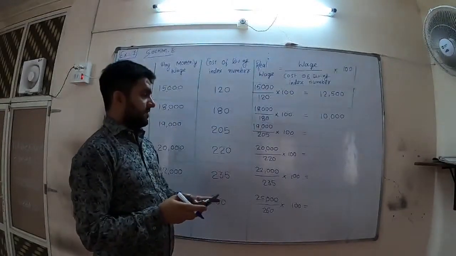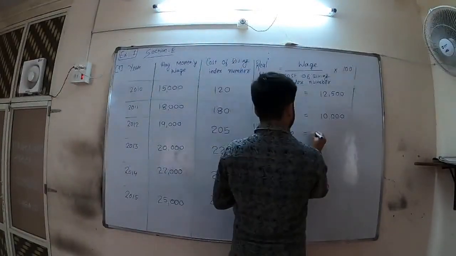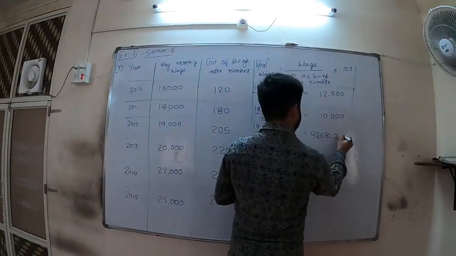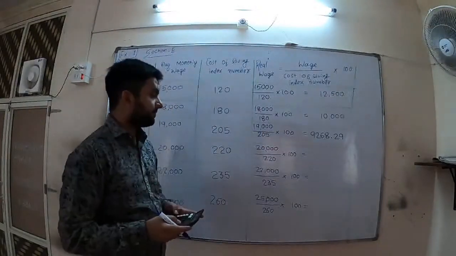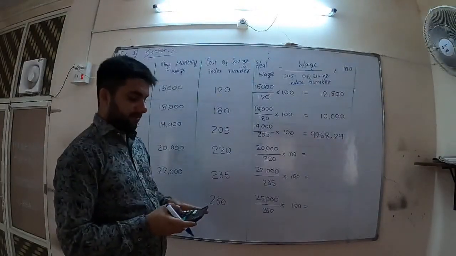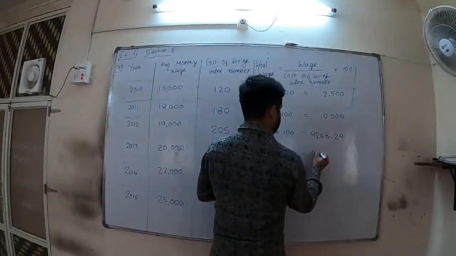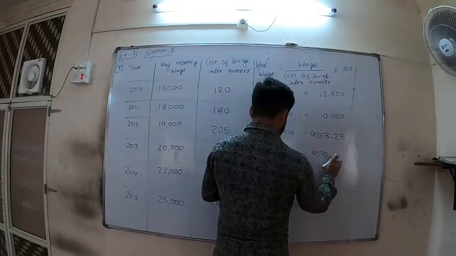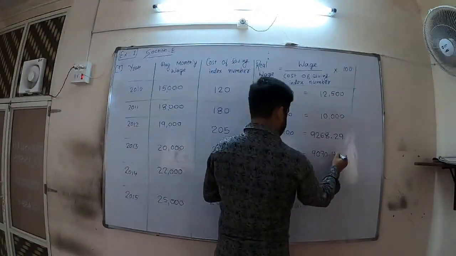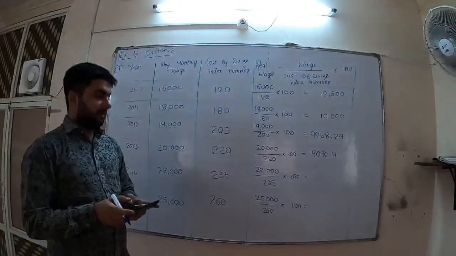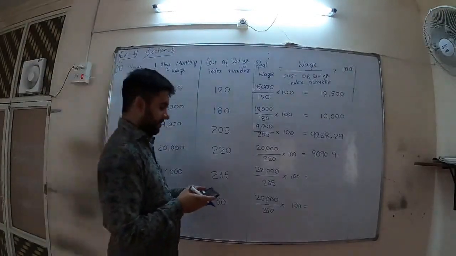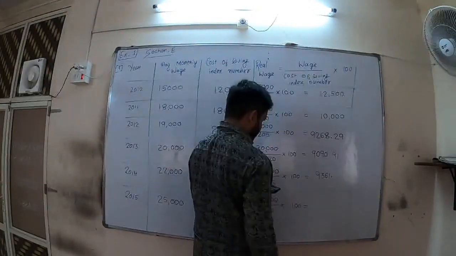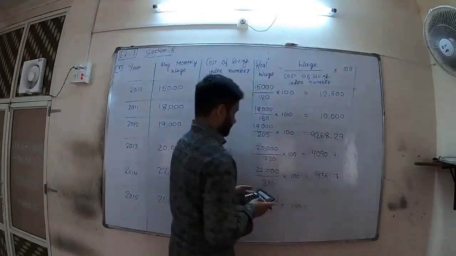Then 19,000 divided by 205, multiply 100, is 9,268.29. 20,000 divided by 220, multiply 100, is 9,090.91. 22,000 divide 235, multiply 100, is 9,361.7.